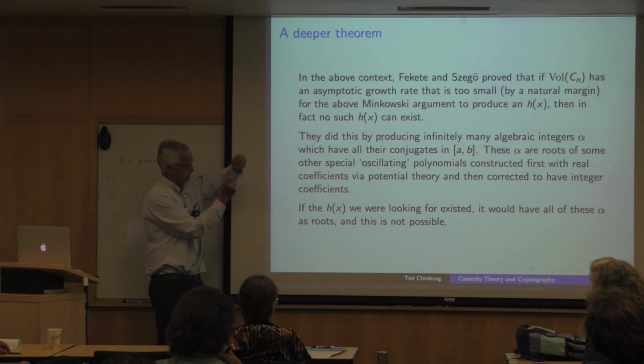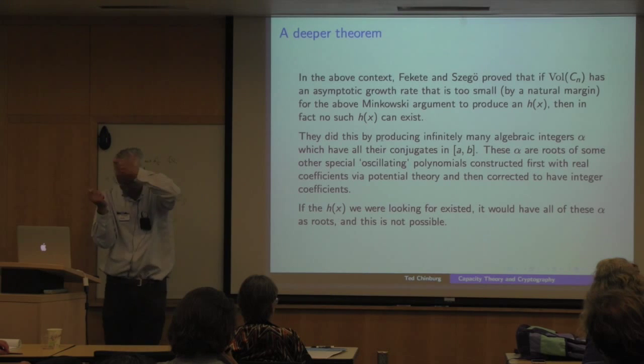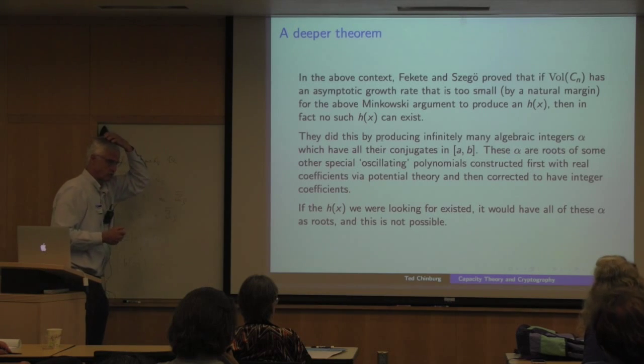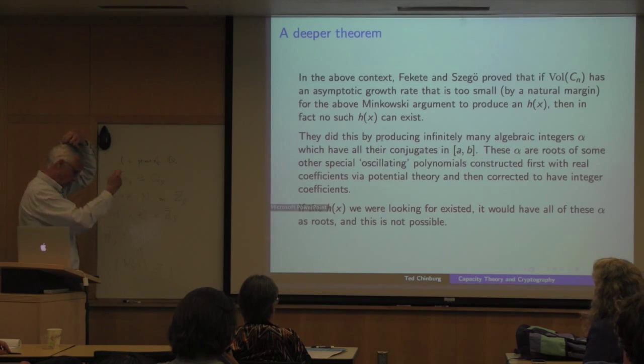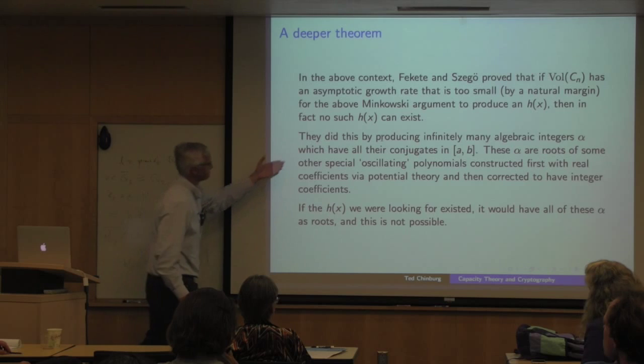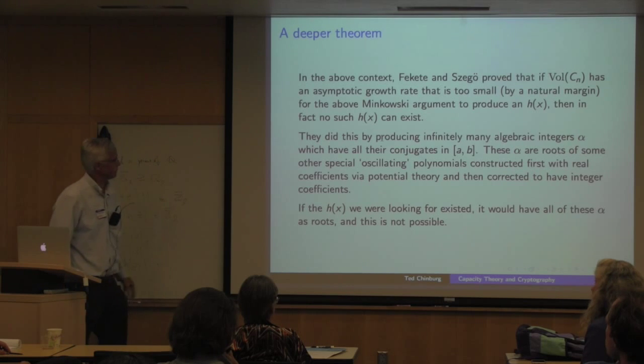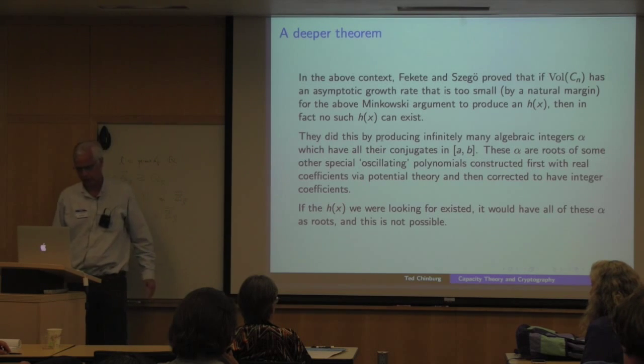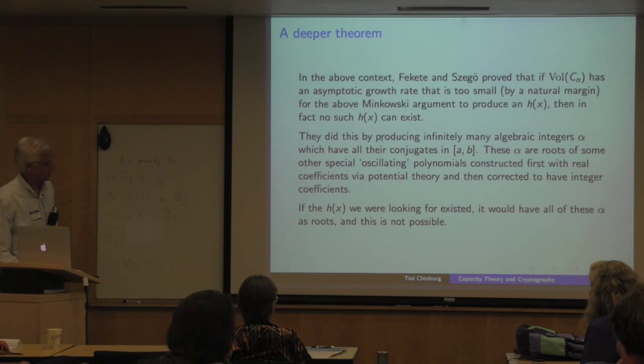And then there's a very delicate argument to correct the coefficients of a monic polynomial with real coefficients, so it becomes a monic polynomial with integer coefficients that has all of its roots there. This is deeper than the Minkowski part of the theorem.